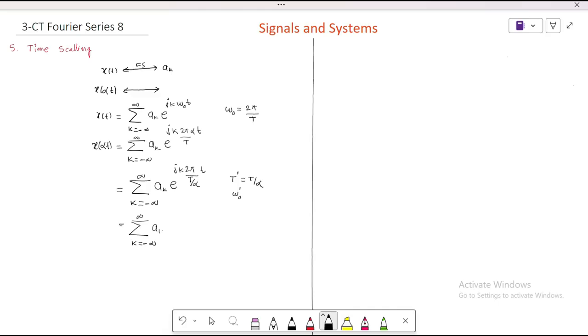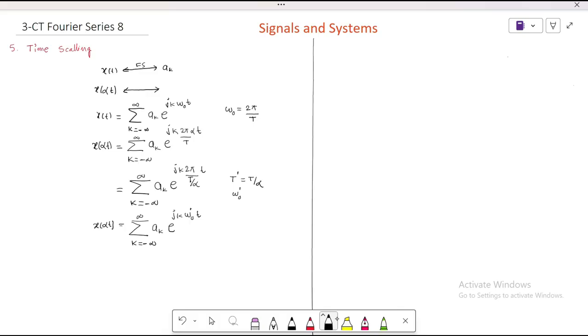From this concept, we understood that we get ak e power jk omega naught t, so there is no change in the Fourier series coefficient. We get the same Fourier series coefficient. So for x of t the coefficient is ak, and for the time scaling x of alpha t the Fourier series coefficient is also the same.